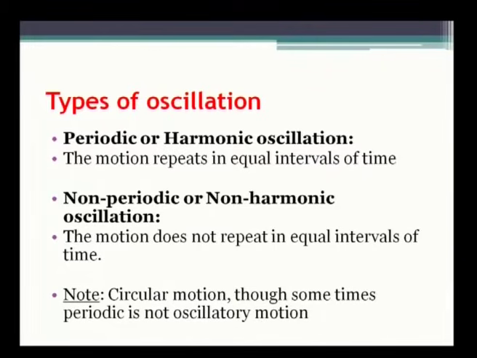It is not periodic oscillation. Why is a circular motion not called periodic oscillation? Because though there is a specific time period involved in repeating the motion, there is no to and fro motion happening in circular motion. Circular motion is happening in one particular trend, either clockwise or anti-clockwise, continuously. So, it is just a circular motion; it is not oscillatory in nature.